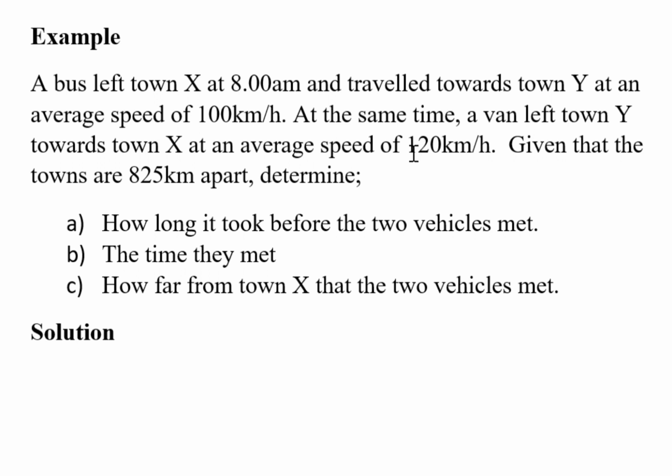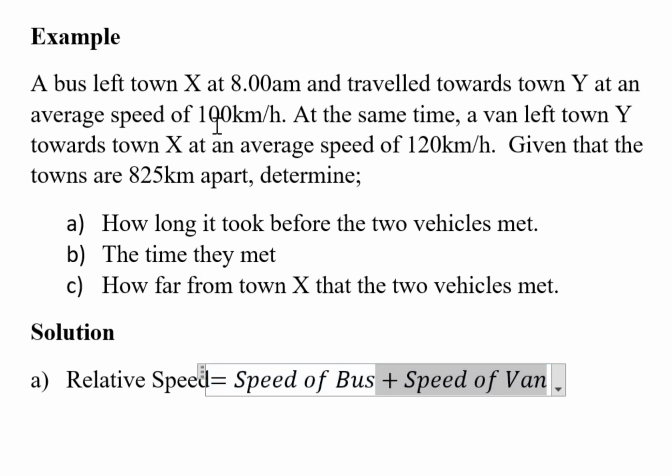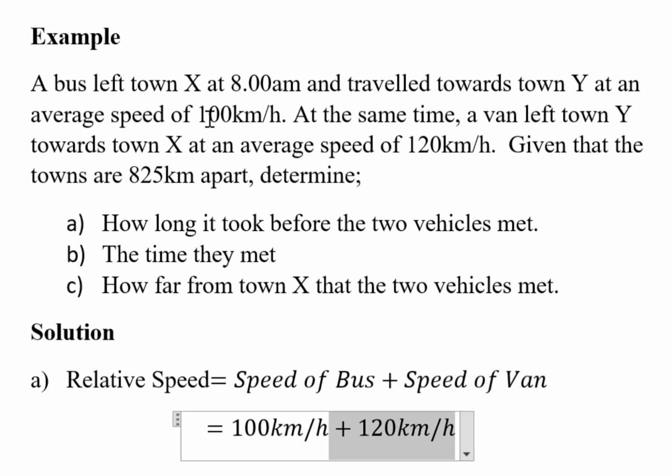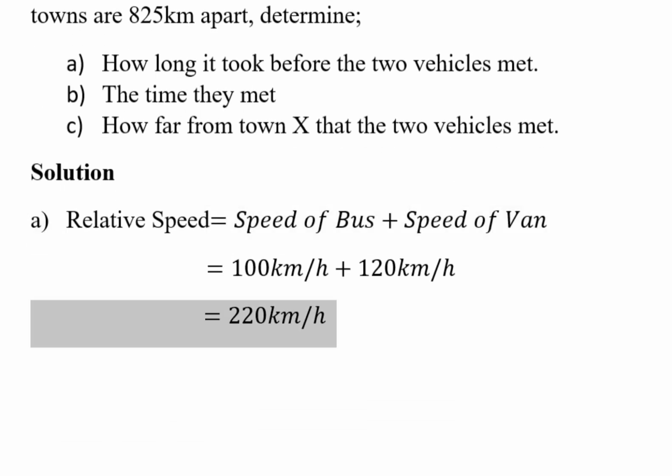So relative speed is equal to the speed of the bus plus the speed of the van. That is, 100 kilometers per hour plus 120 kilometers per hour, and that gives us 220 kilometers per hour. That is the relative speed. Sometimes we also call it the approaching speed.